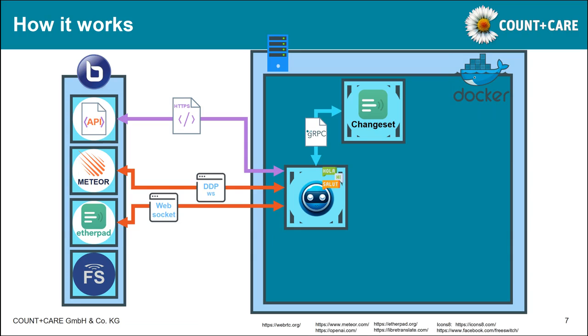There's Etherpad. Etherpad is the sub-project for the shared notes and also for the closed caption functionality in BigBlueButton. So when I want to write something into the shared notes, I have to generate a so-called changeset, which describes mathematically the difference between what's in the shared notes at the moment and what I want to write into the shared notes.